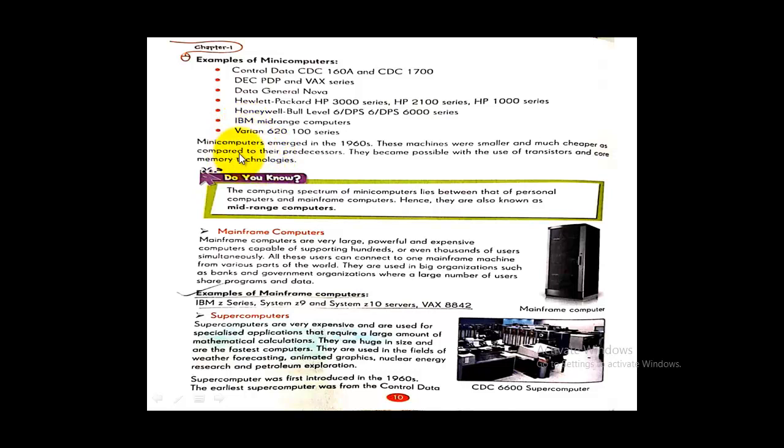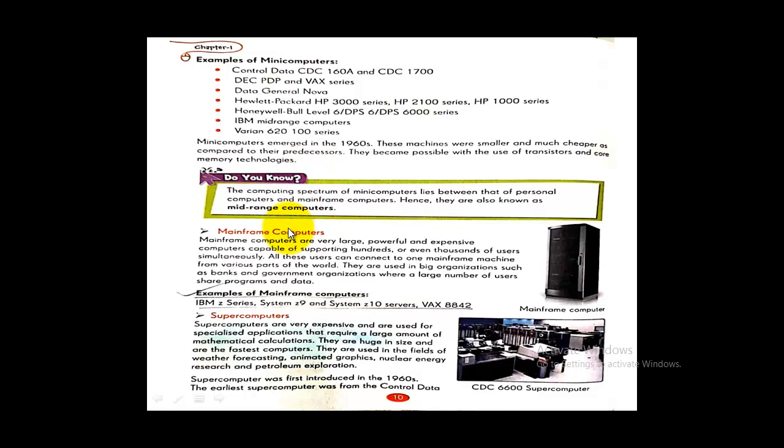Now mini computers emerged in the 1960s. These computers were smaller and much cheaper as compared to their predecessors. They became possible with the use of transistors and core memory technologies.